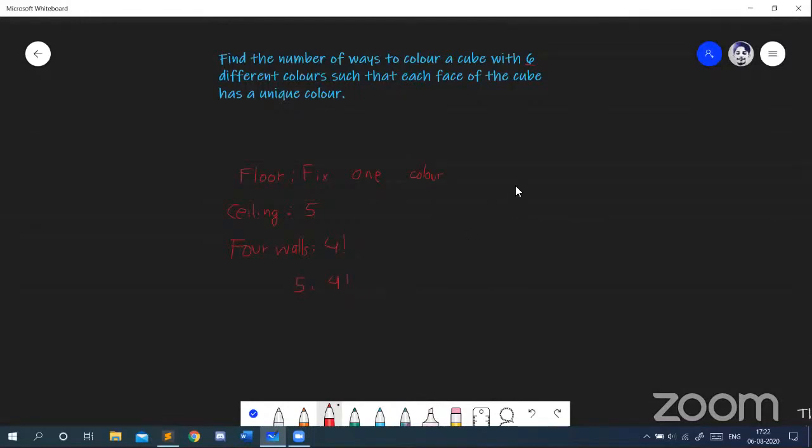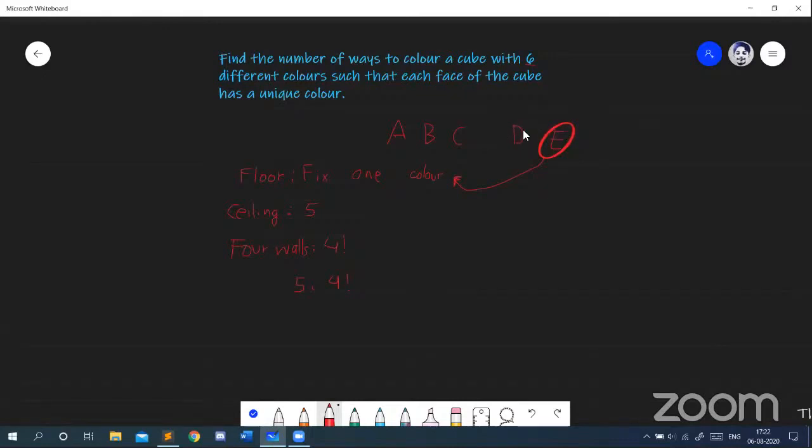So if you have 6 colors, let's say colors A, B, C, D, and E, then choose any one of them that you hate the most, let's say, and you give the floor that color. And it doesn't matter because I can just rotate it again, right? Now look at the ceiling.